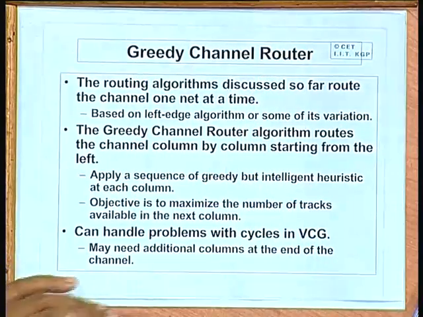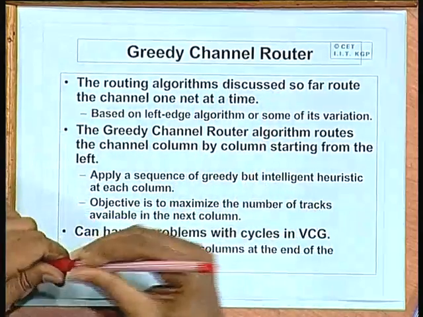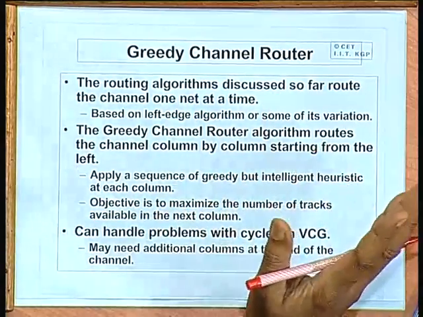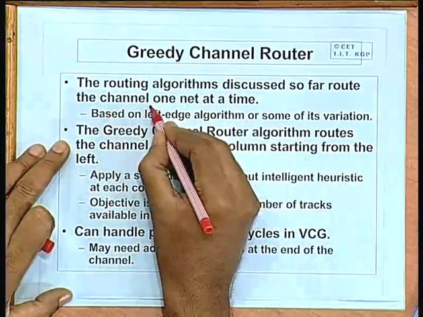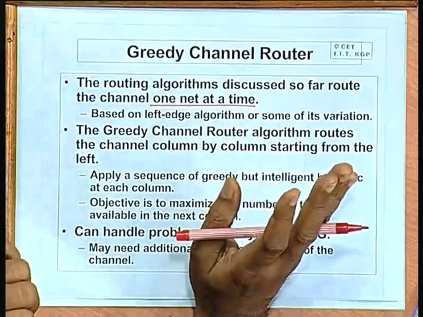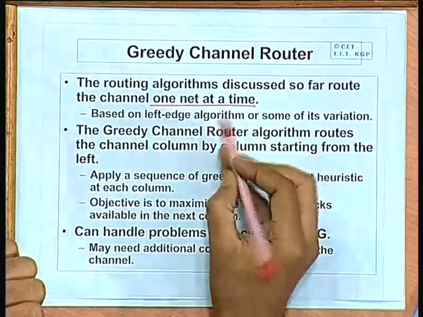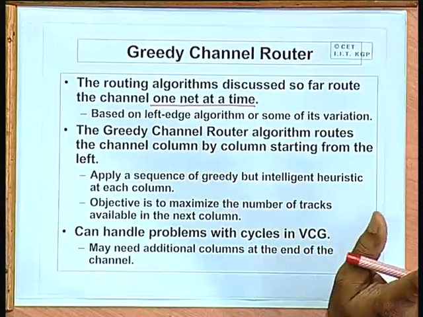See, the algorithms we have discussed so far, one characteristic was that, whatever way we represent the information in terms of some graph, the channels were routed one net at a time. But the order in which the nets are routed, we are selecting in some way. In the left edge algorithm we are selecting that by the x coordinate of the left edge, and so on.